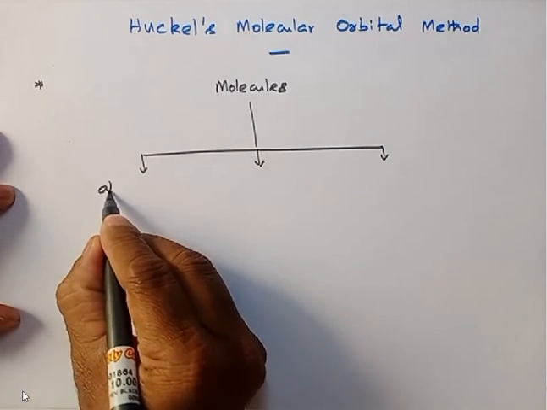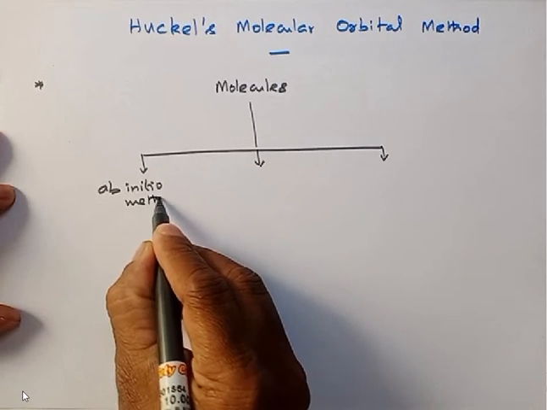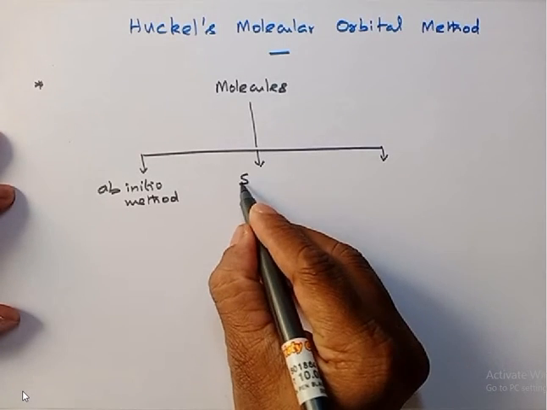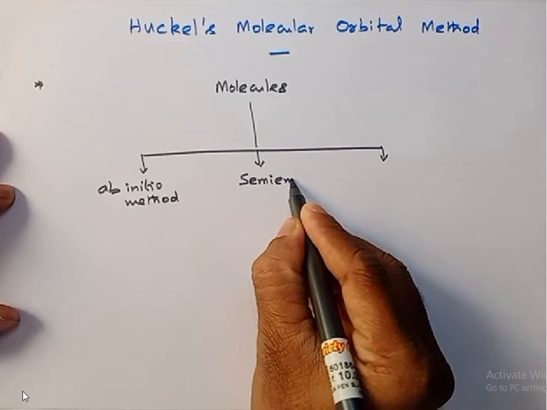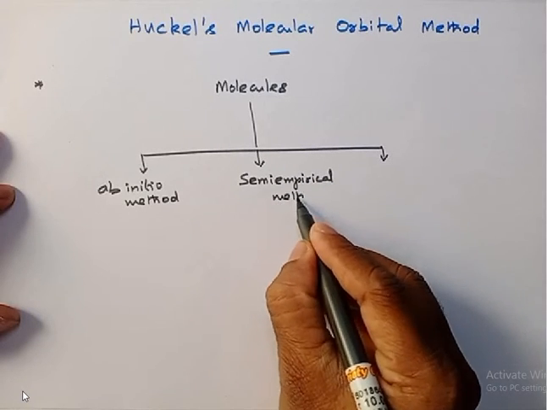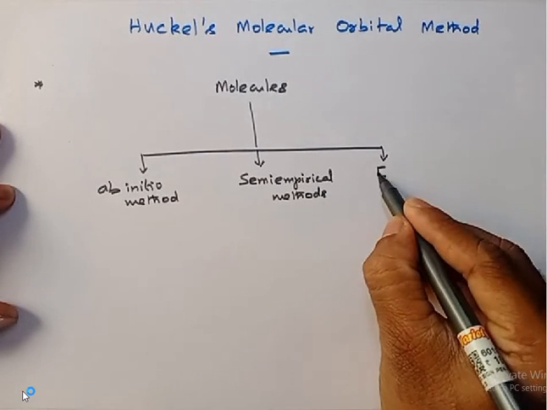First one is the Abhinitio method, and the second technique is the semi-empirical methods, then empirical methods.